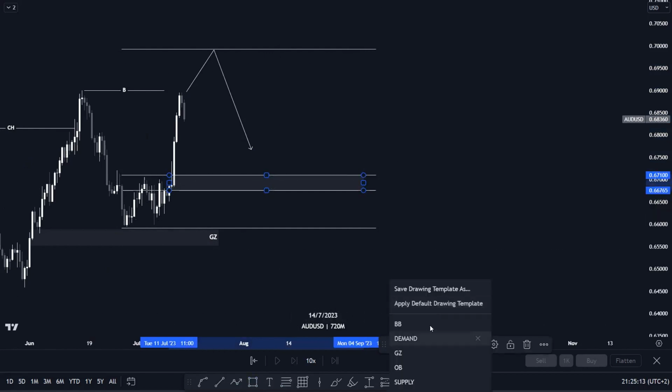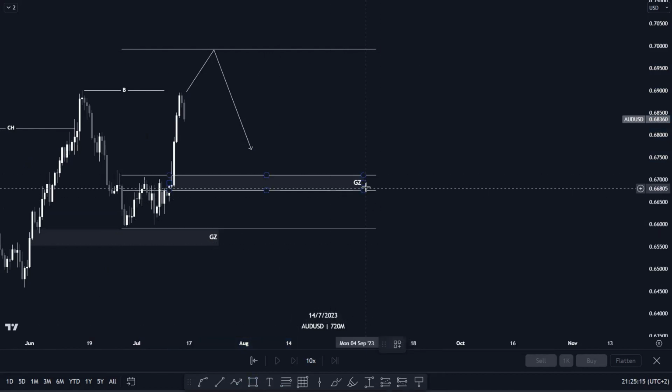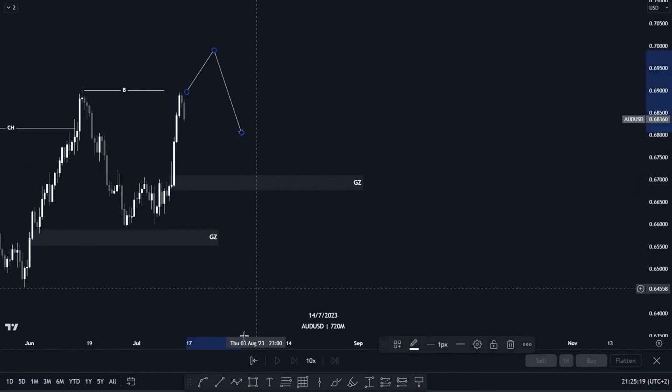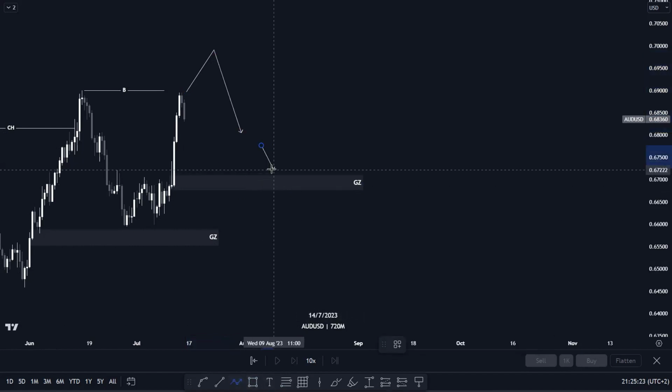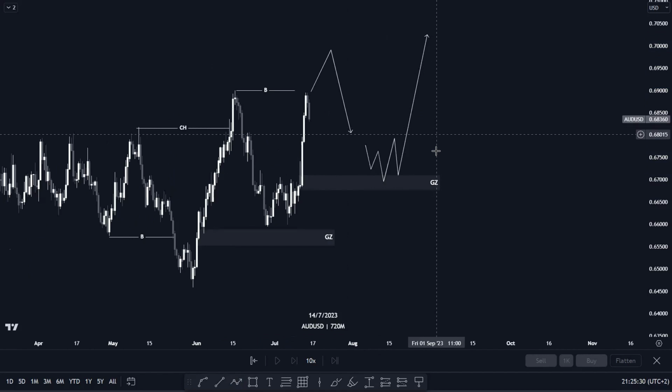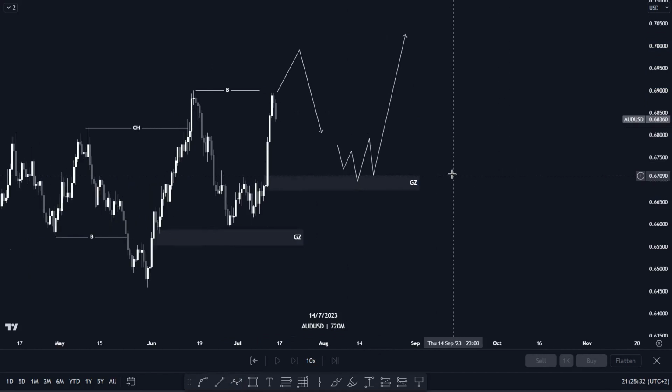Within our golden zone entries, we can look for our confirmation entries. So we can look for something like this within this zone here, to push price to the upside. Okay, that's it for AUD USD.